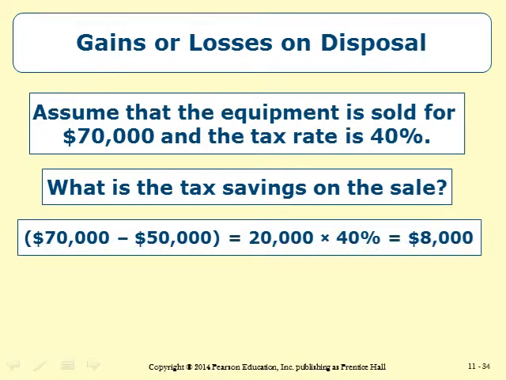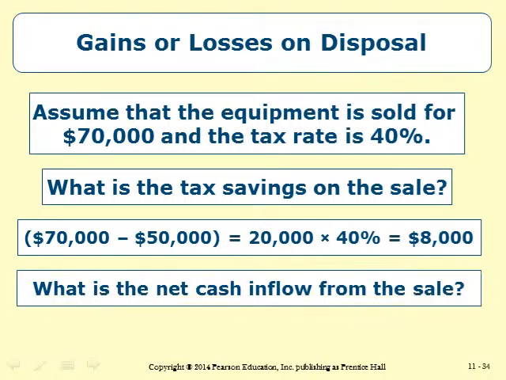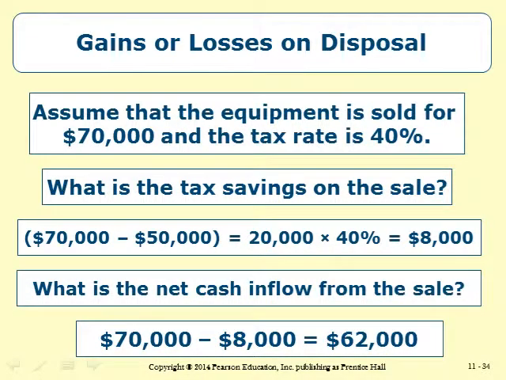And so here we have another example. Suppose that the cash proceeds of the sale are $70,000 or $20,000, right? Assume the equipment is sold for $70,000 and the tax rate is 40%. What is the tax on the sale? The gain is $20,000. It's the $70,000 we received for it minus the $50,000 book value.